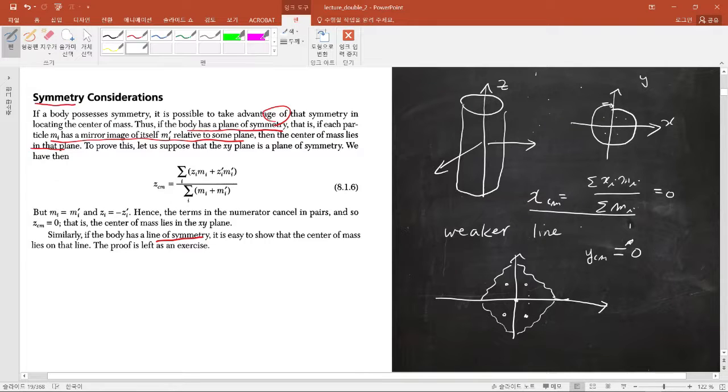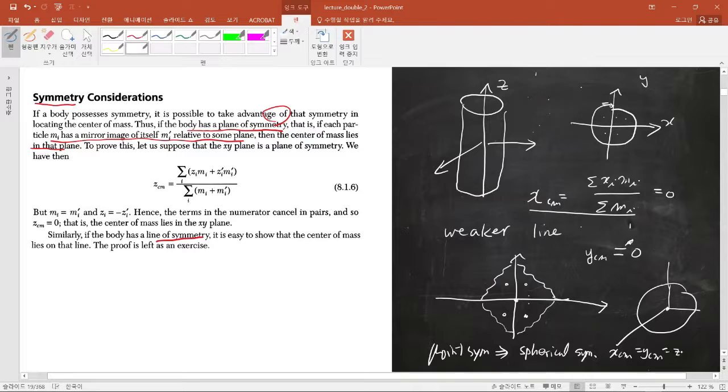If you have a point symmetry, then it is rather obvious that you must have a sphere like this. So for point symmetry, you must have spherical symmetry. In this case, the x center of mass, y center of mass, and z center of mass should all be 0.